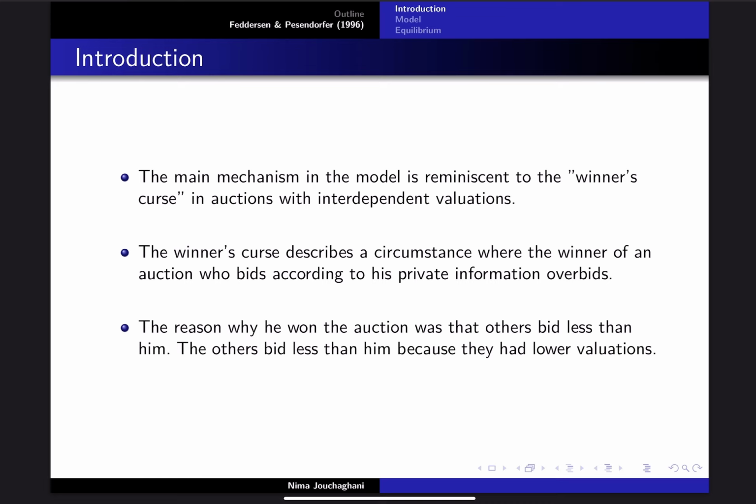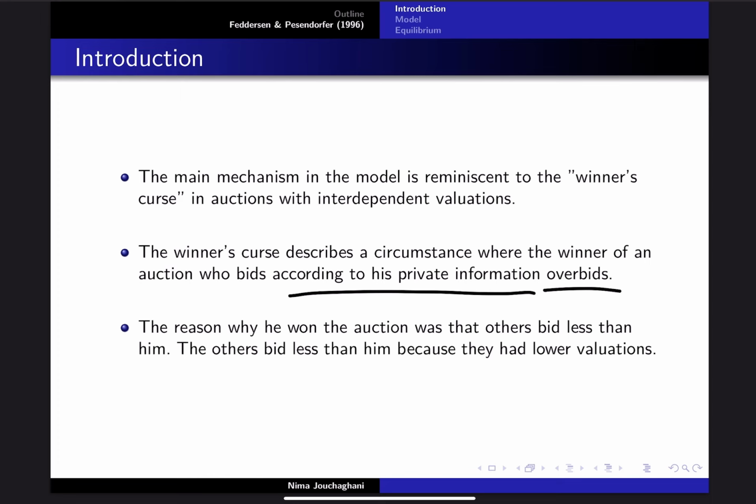And the winner's curse describes a circumstance where the winner of an auction, who only bids according to his private information, is overbidding. So he's bidding more than the final valuation, more than the actual value of the product for him.